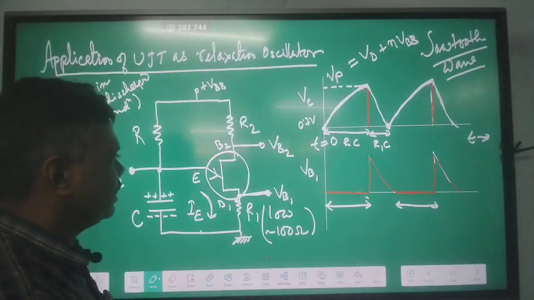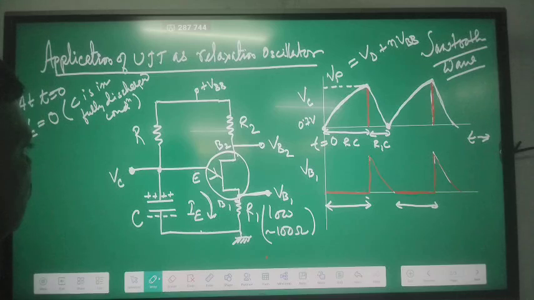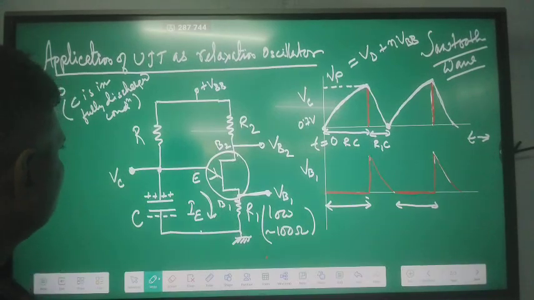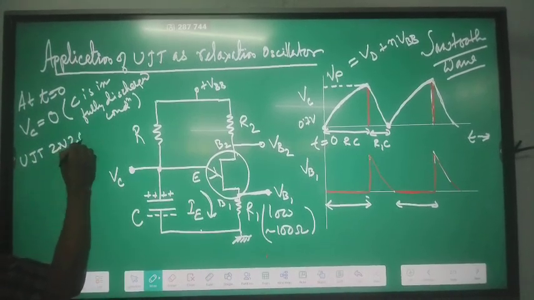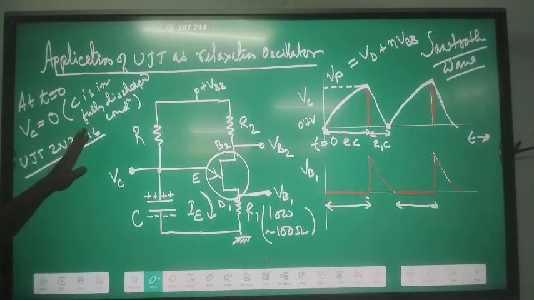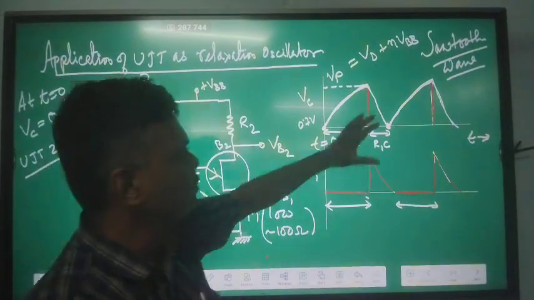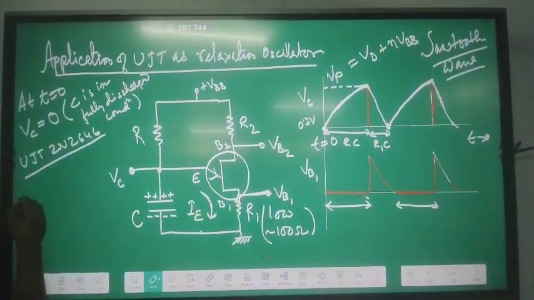So if you see from the practical point of view, if I want to see the values of this R2, R1 and R, let us consider the UJT 2N2646, which is a very commonly used UJT. If we use 2N2646 and if we want to implement the sawtooth wave using this UJT, then we have to take the values in this way.